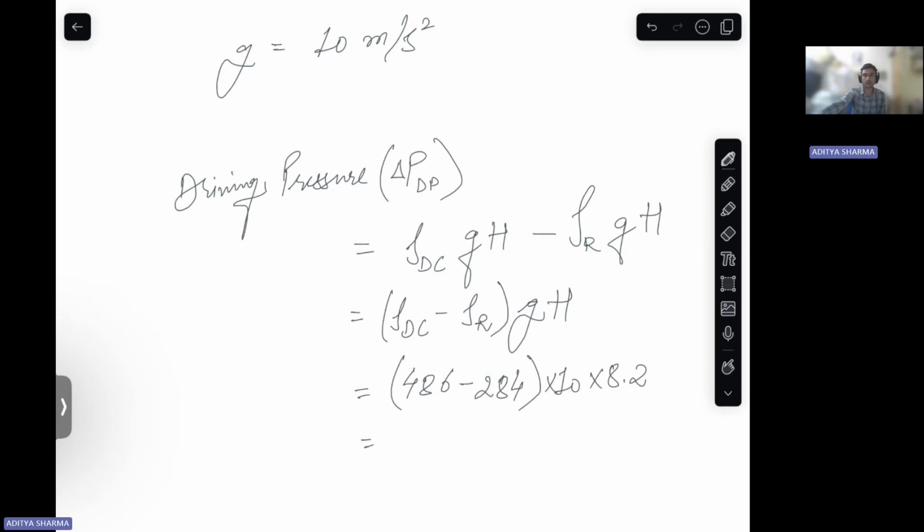So now if we solve this, so this is 202 into 10 into 8.2.